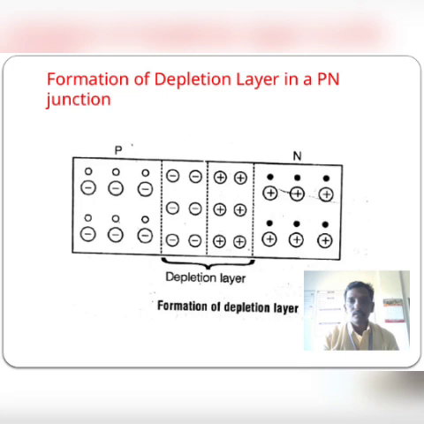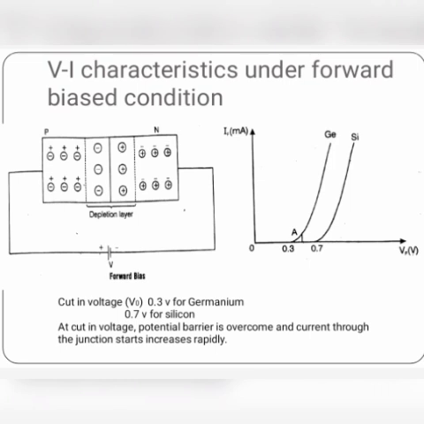Next we see the forward bias, when the battery is connected in a forward condition: positive to the P side and negative to the N side.